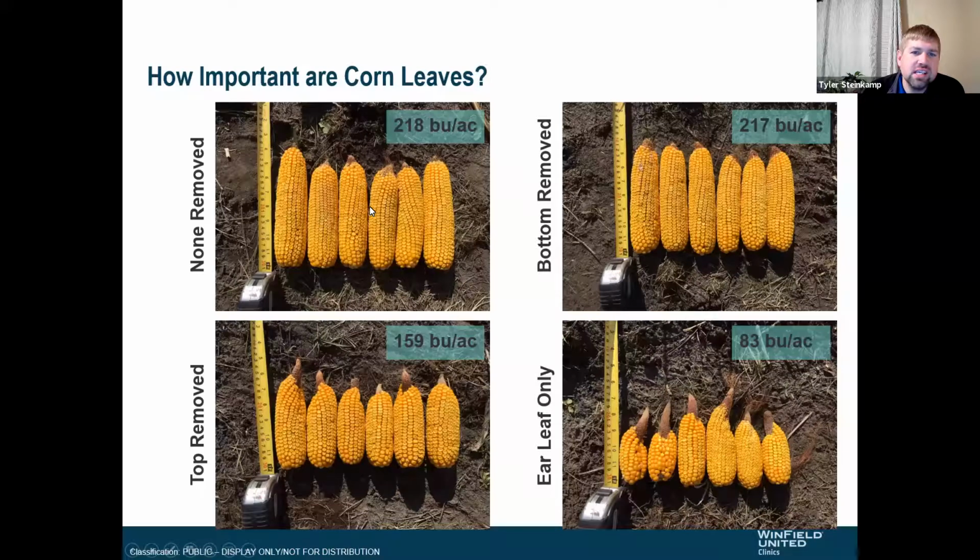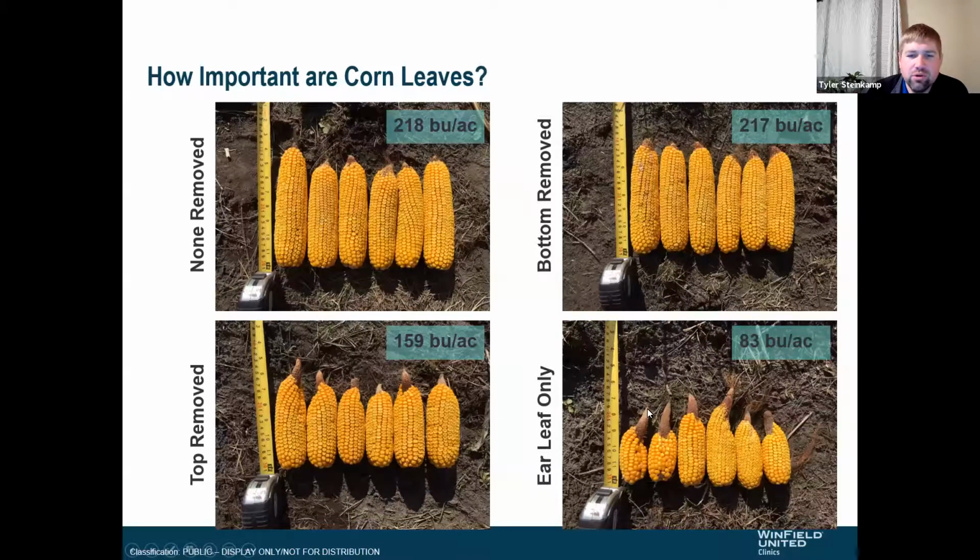Those bottom leaves, even if we have a little bit of disease or a little bit of insect feeding, don't necessarily contribute much to yield. But as we continue through the year, these top leaves are what provide us the most yield response. When we removed the top part of that plant, it averaged about 159 bushels, so a significant yield response.